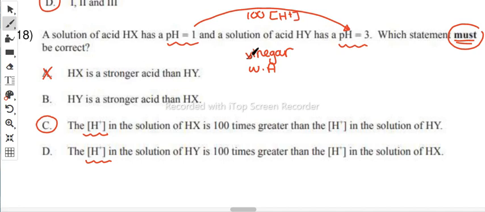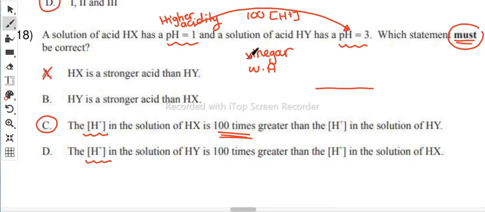And here we need to remember that the pH of 1 has higher acidity. So definitely it is 100 times greater than the concentration of hydrogen ion in the HY.